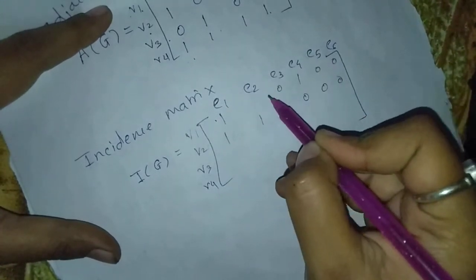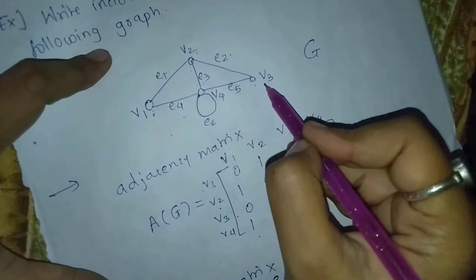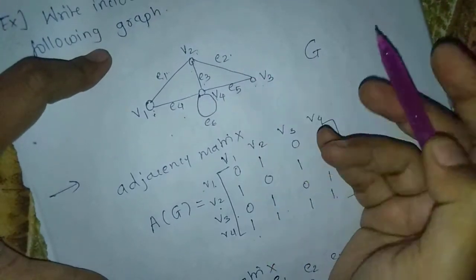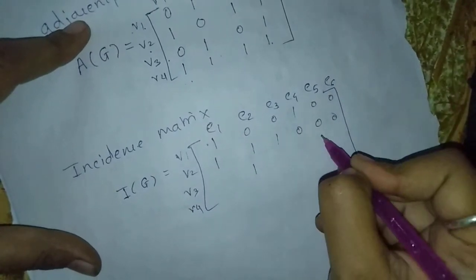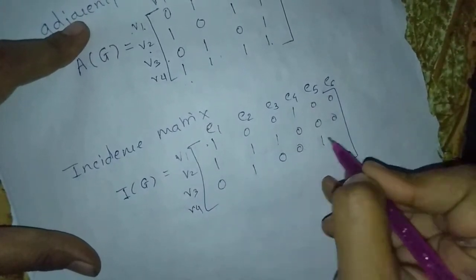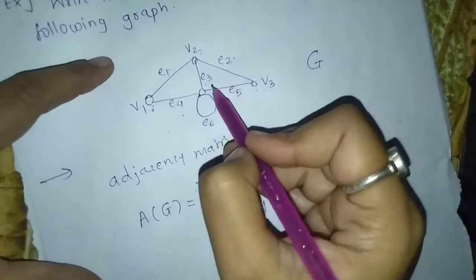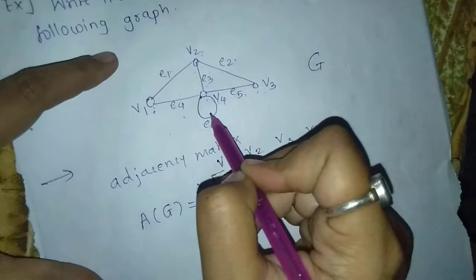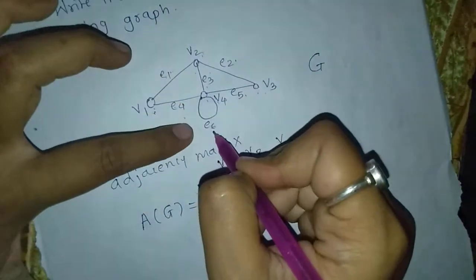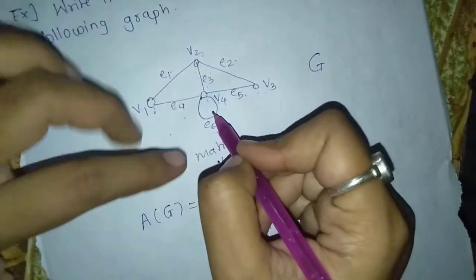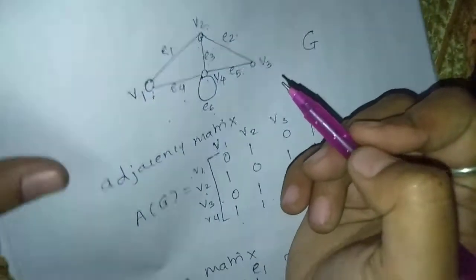On V3, E2 and E5 are incident. So E2, E5. Other entries become 0. On V4, E3, E4, E5 and E6 are incident. E6 is the loop, so consider it as 2.